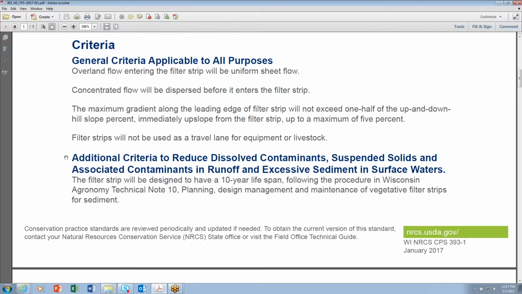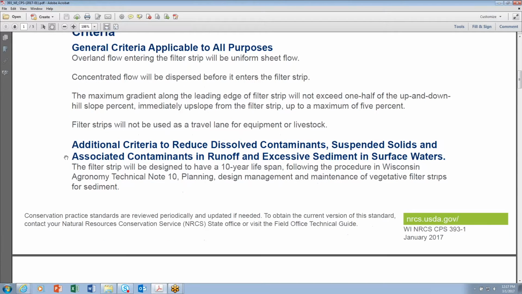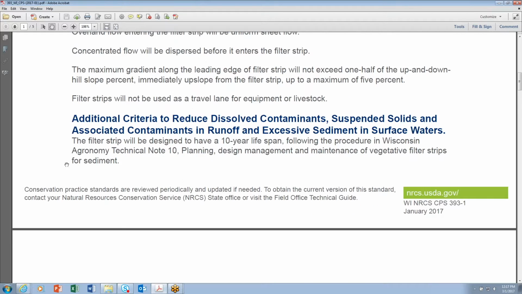Filter strips will not be used as travel lanes for equipment or livestock, and there's more information on both of those throughout the standard. A little statement on additional criteria to reduce dissolved contaminants, suspended solids, and associated contaminants in runoff and excessive sediment to surface waters.